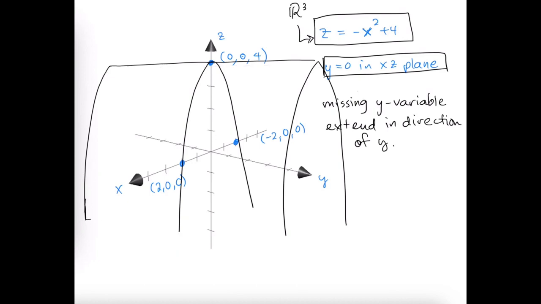So we're extending all of these ordered triples in the direction of y, and we end up with this surface. This is a quadric surface, and it is going to look much better when we take this over into GeoGebra to try to come up with an image. So let's do that now so that we can clean up the way that this graph is looking.